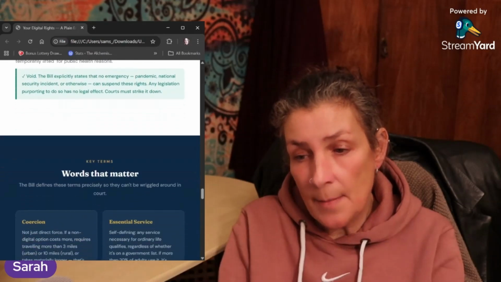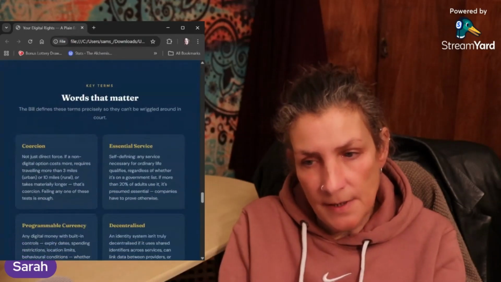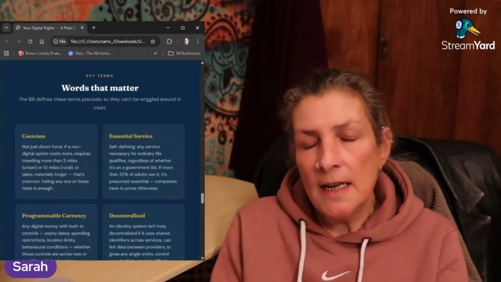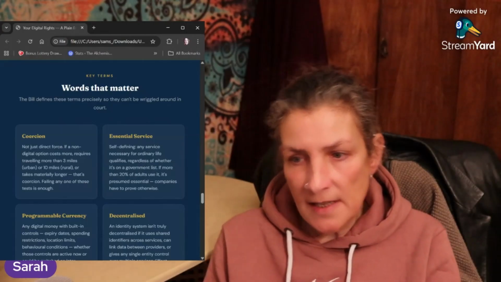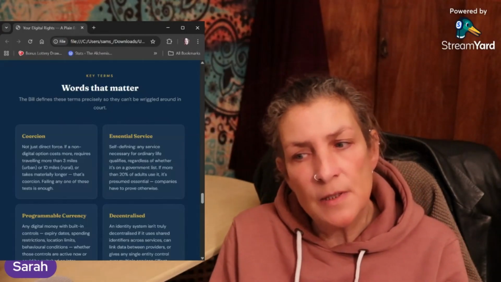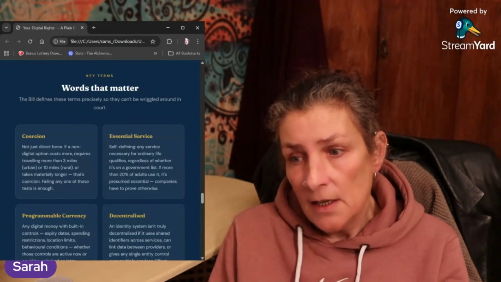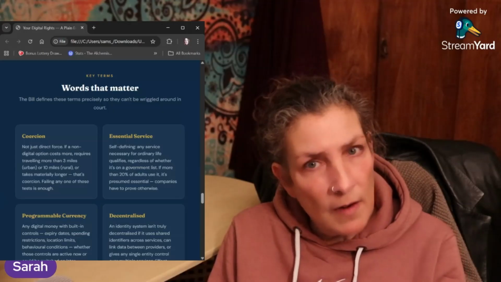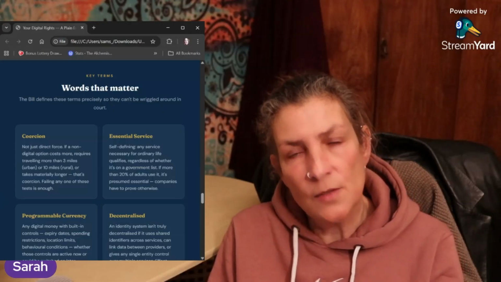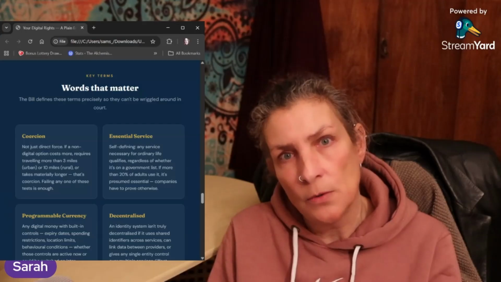So, words that matter. There are key terms, and it's important as civilians that we know what these key terms mean. The bill defines these terms precisely so they can't be wriggled around in court. This was the cutting off of loopholes.